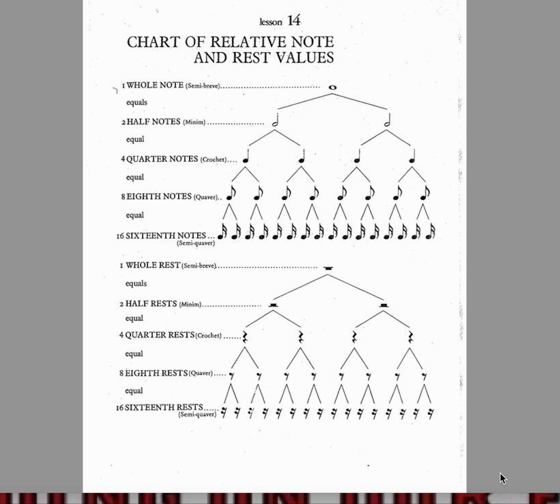Quarter notes, or a crotchet, each one equals 1 beat, and you get 4 of those in one 4/4 measure. Eighth notes equal half a beat. They're also called a quaver, and you can get 8 of those in a 4/4 measure. And then 16th notes, also called a semiquaver, is a quarter of a beat, and you can get 16 of those in a 4/4 measure.